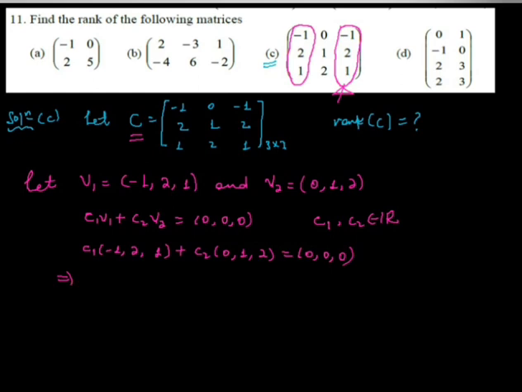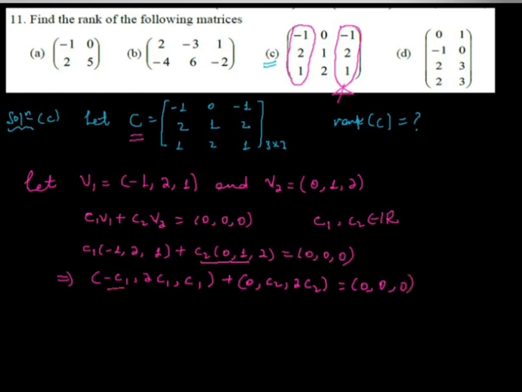This gives minus c1, 2 times c1 plus c2, and so on, equal to 0 0 0.